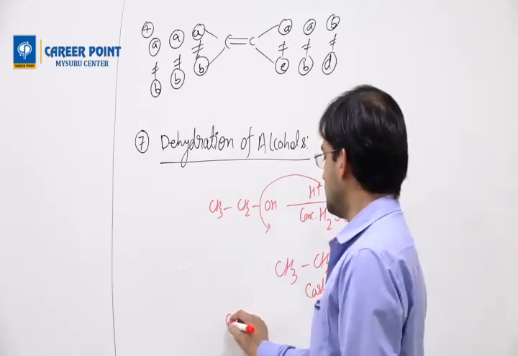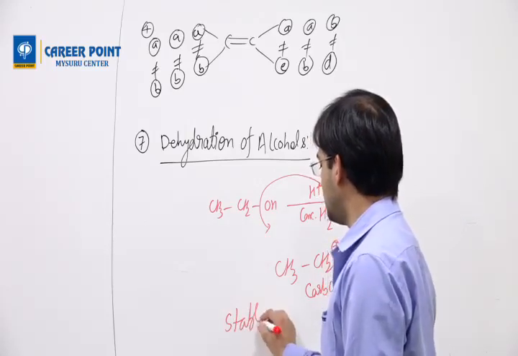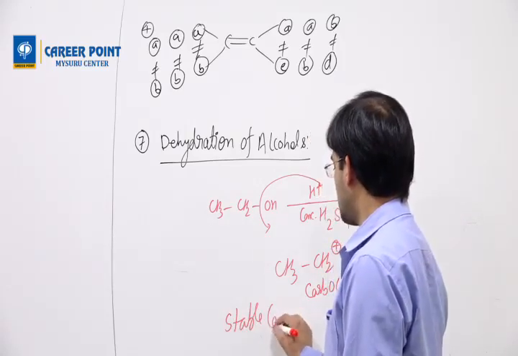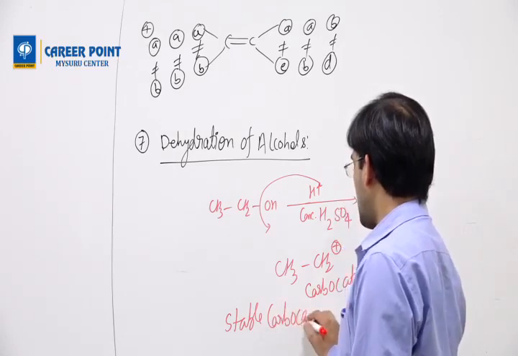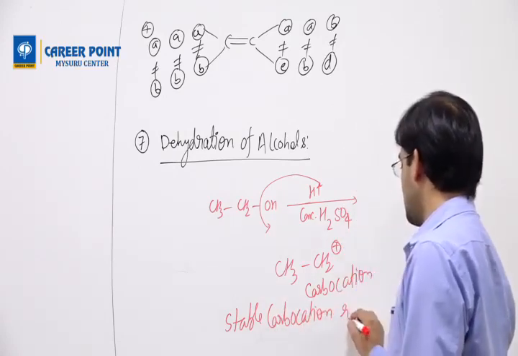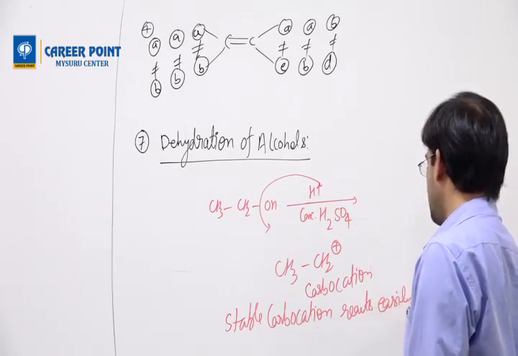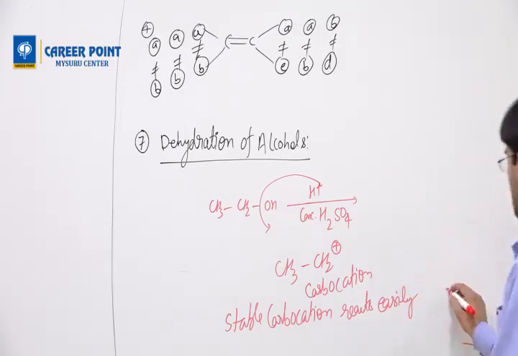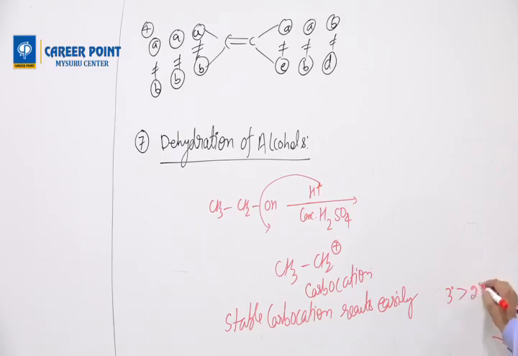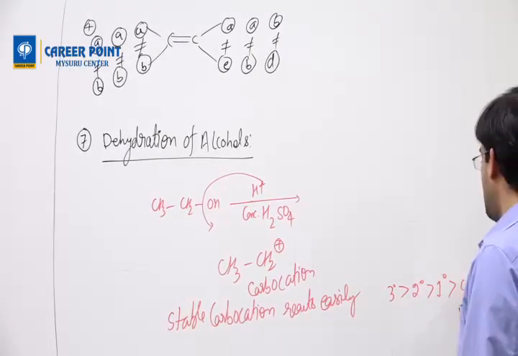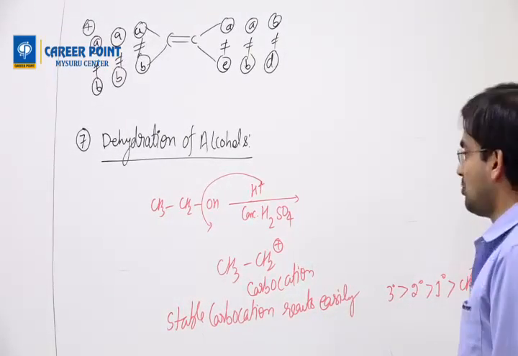So the stable carbocation reacts easily, and the carbocation order goes like tertiary greater than secondary greater than primary greater than CH3 plus.